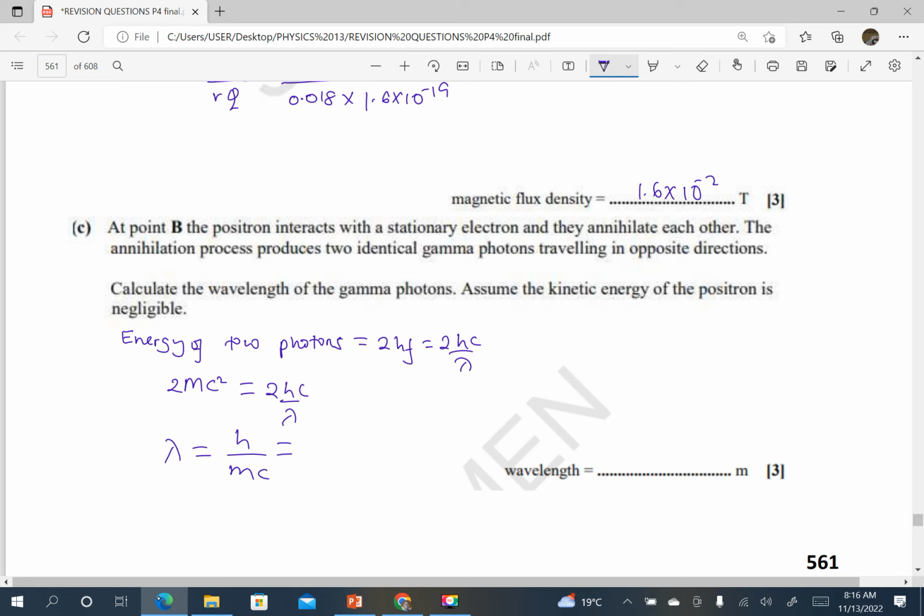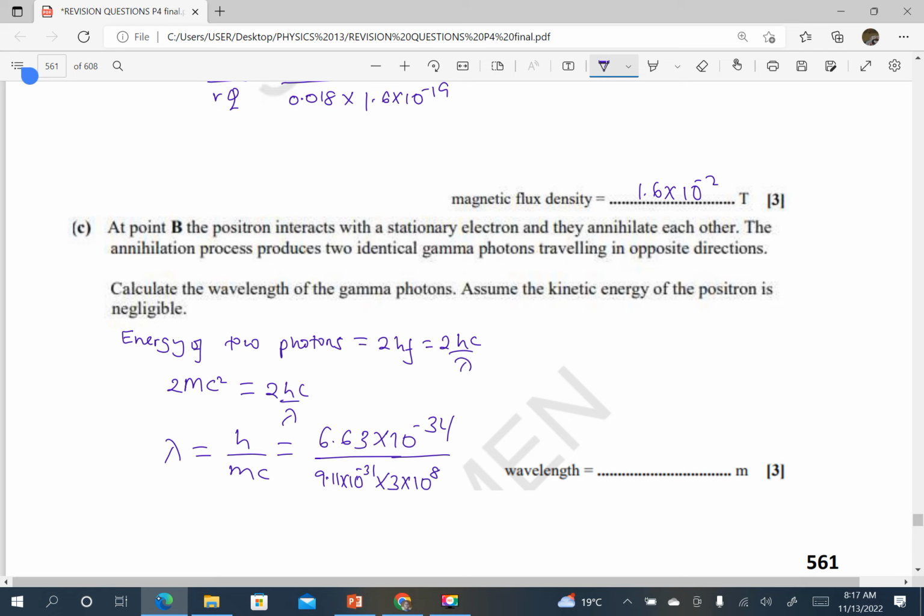We now substitute. So this will be 6.63 times 10 power negative 34, that is Planck's constant, divided by 9.11 times 10 power negative 31, that is the mass of the particles of the positron electron interaction, then times 3 times 10 power 8, that is the speed of light.